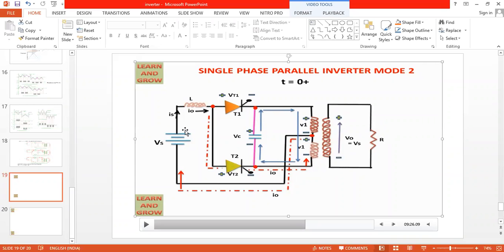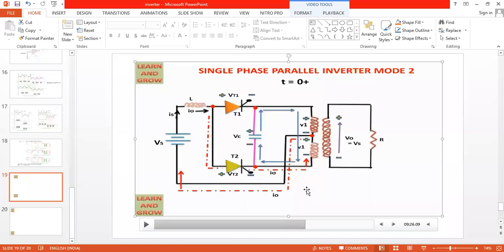The direction of the current starts from Vs plus to the inductor, inductor to T2, from T2 to the lower winding, from the lower winding to the common point O to the source minus, Vs. During this process, due to mutual induction, the voltage induced across the lower winding of the center tapped transformer links with the secondary winding. As a result, current flows through the secondary winding. So now you can see the output voltage is always V0 equal to the source voltage.